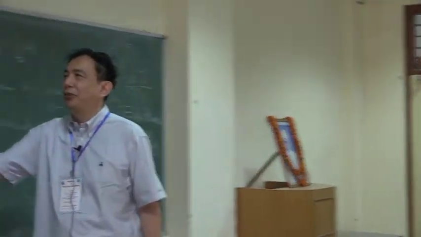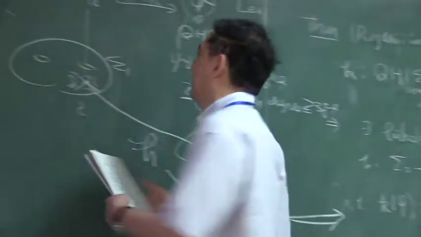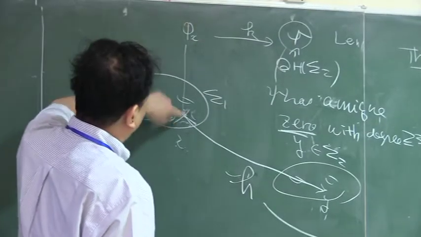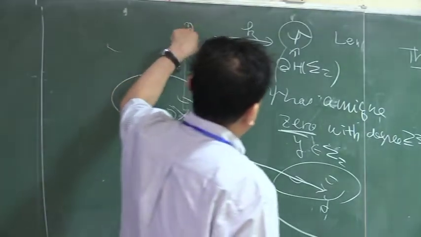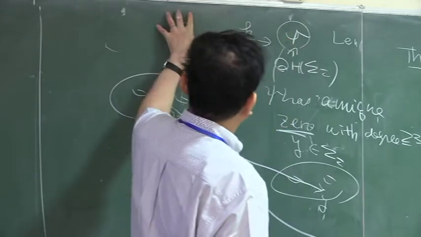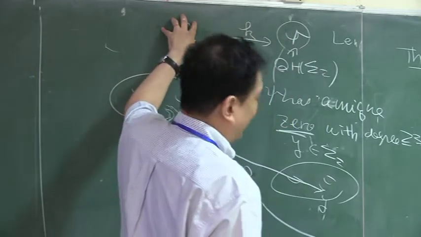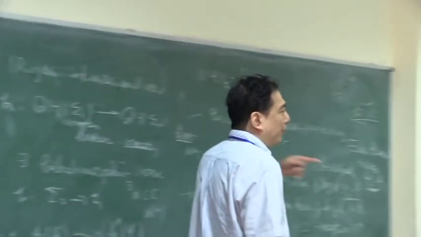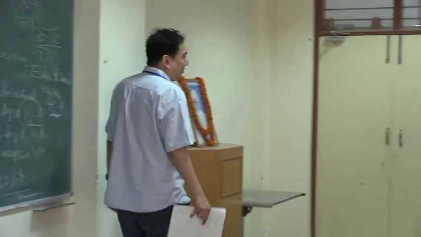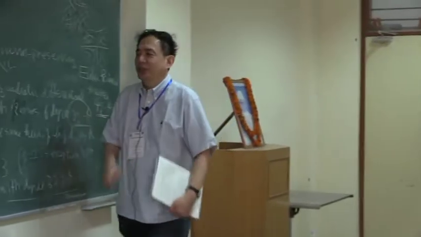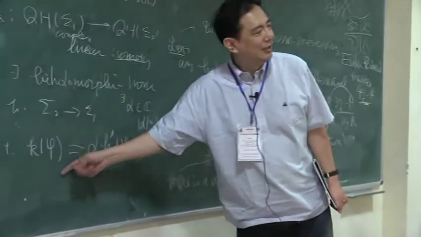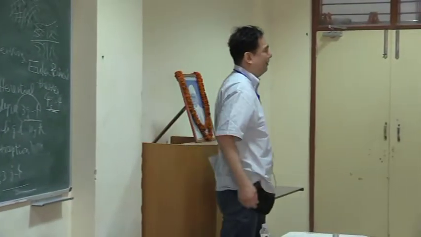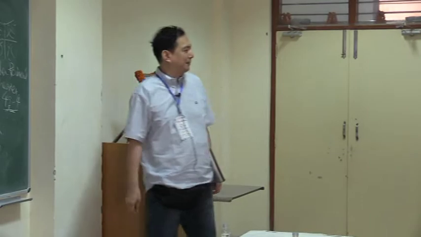So for any point, we consider the holomorphic quadratic differential having 0 at that point, and send it to the 0 of the image of this holomorphic quadratic differential by K. Then you get the holomorphic map from sigma 1 to sigma 2. And you can show that this equality holds for such a map. So that's what Royden did.